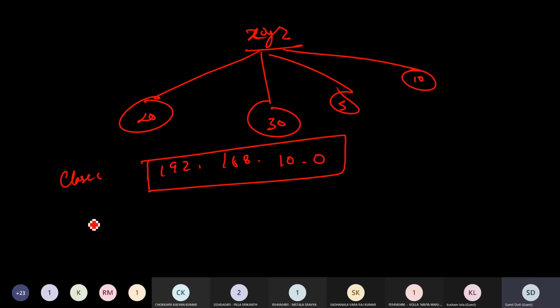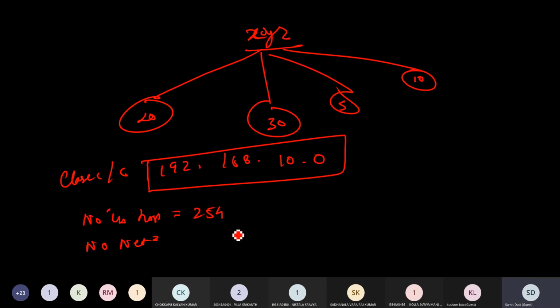So how many hosts can be possible here? Number of usable hosts: 254. Not 65,500, it is class C, so 256 minus 2, 254. And how many networks can be possible here?